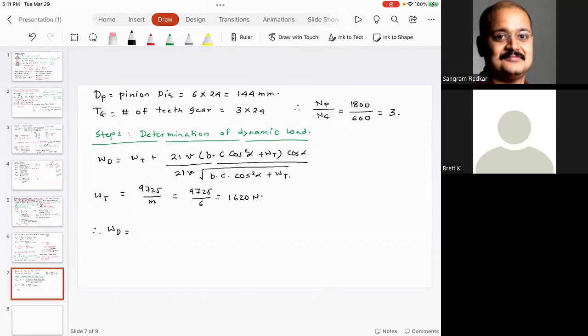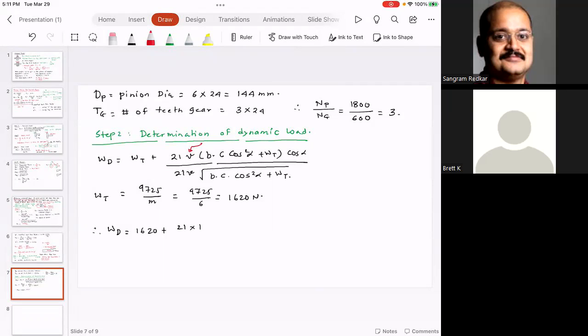So WD is equal to 1620 plus 21 times... Now here you need to check the velocity, whether this velocity is in millimeters per second, meters per second, or meters per minute.